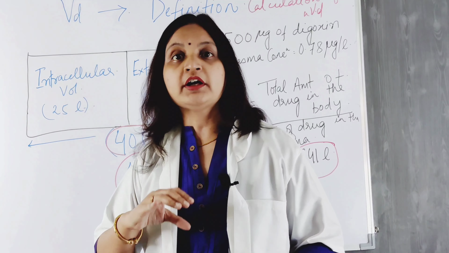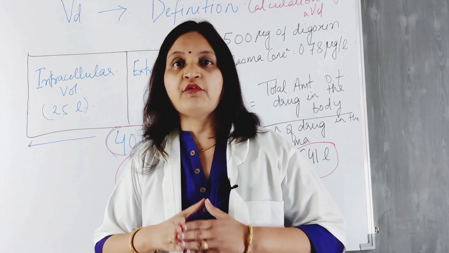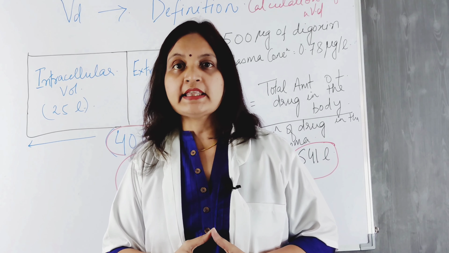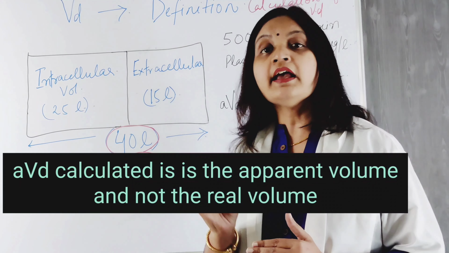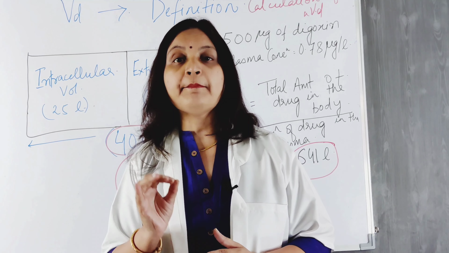So 641 liters is 16 times higher than the actual volume, which is 40 liters. This indicates that the volume of distribution we have derived from the calculation is the apparent volume of distribution. The word apparent means appearance.